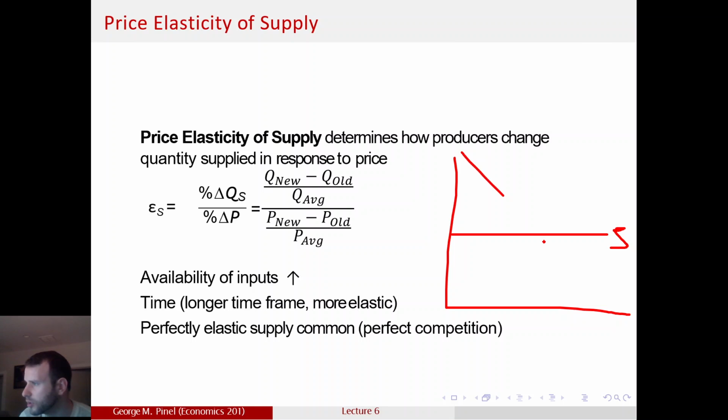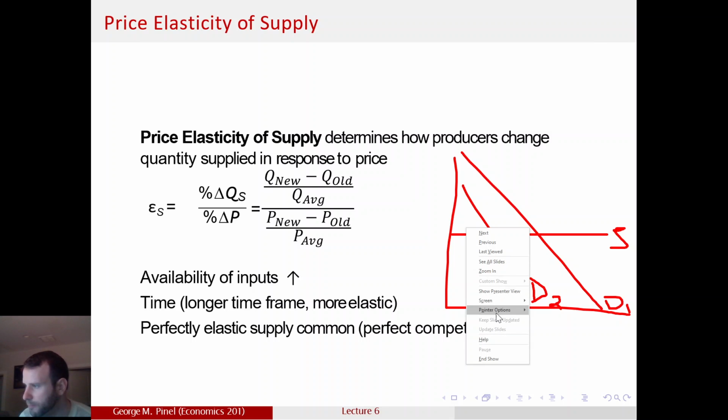Regardless of where demand is, you're going to produce at the same price no matter what, because if you don't produce it, someone else will. You essentially have no control over the price. This is a very common model, which we'll talk about later.